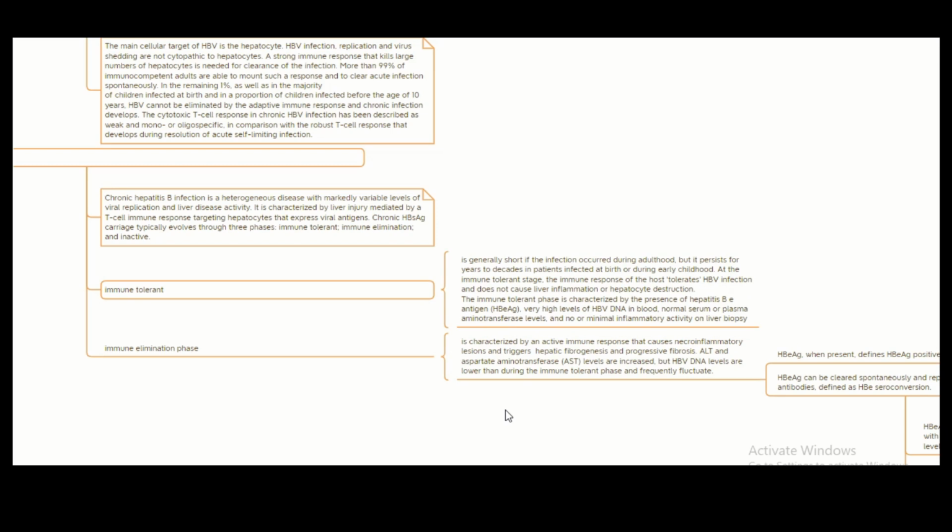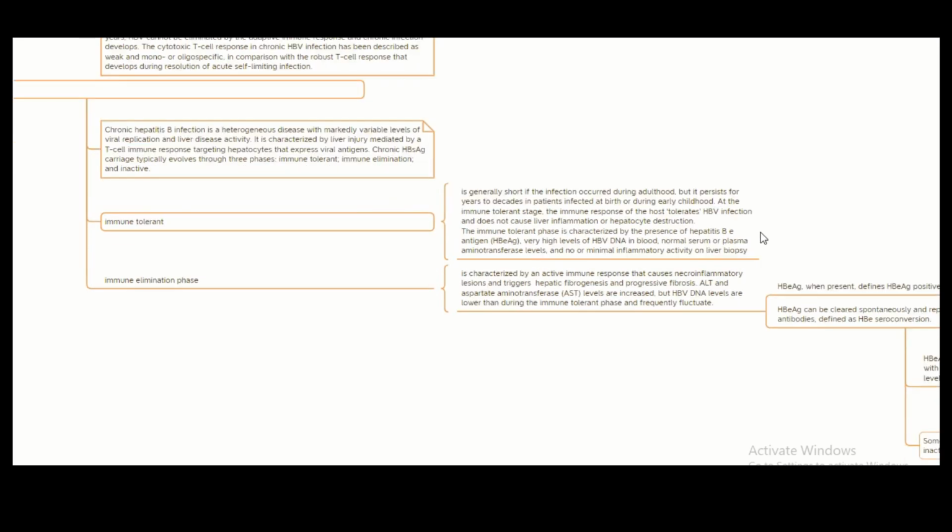At this immune tolerant stage, the immune response tolerates the infection and does not cause liver inflammation or hepatocyte destruction. There are a lot of theories for why this happens, but mostly it's because the T cells don't recognize these surface antigens quickly enough, or they don't transmit the signal quickly enough to mount a good attack.